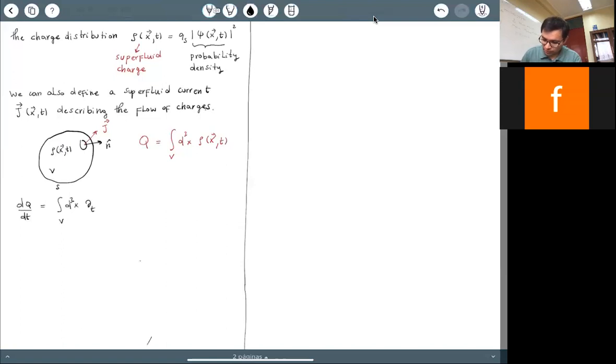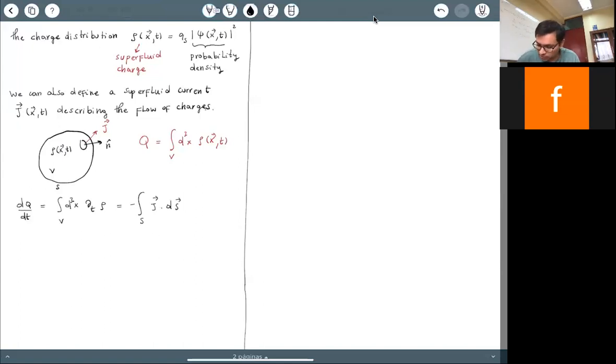and then this should be equal to some flow that appears through the surface. So dS is some element of the surface.